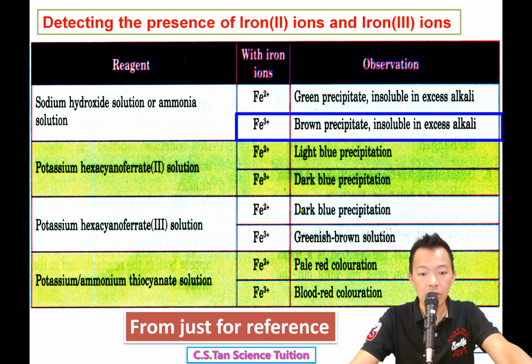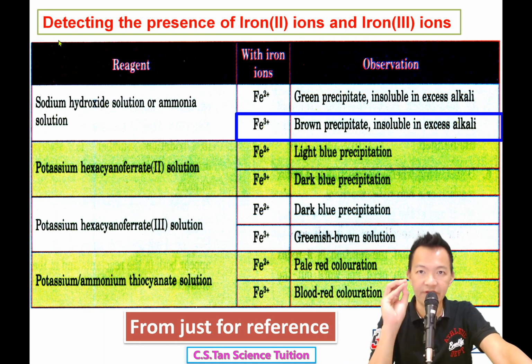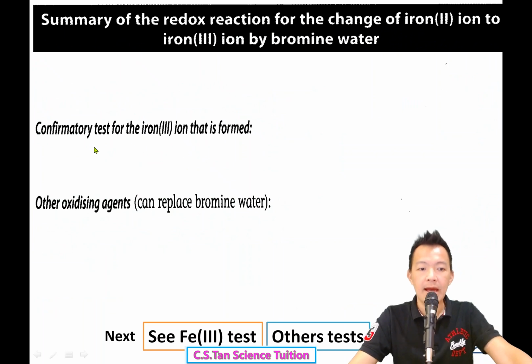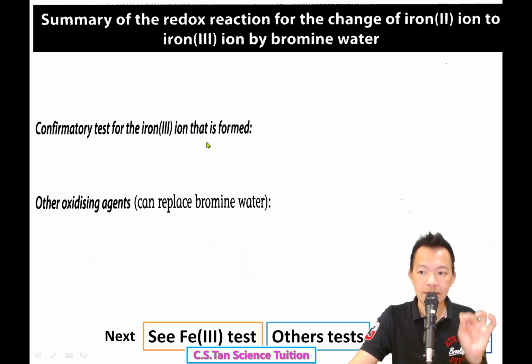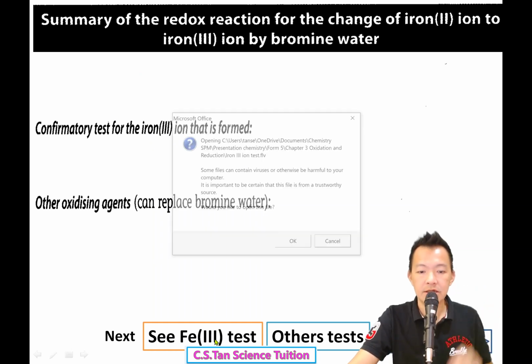So where can you get this table? At the end of your notes, in the last page or two. So how to confirm that iron 3 ion is produced? Now we are using sodium hydroxide, so we look at the test.